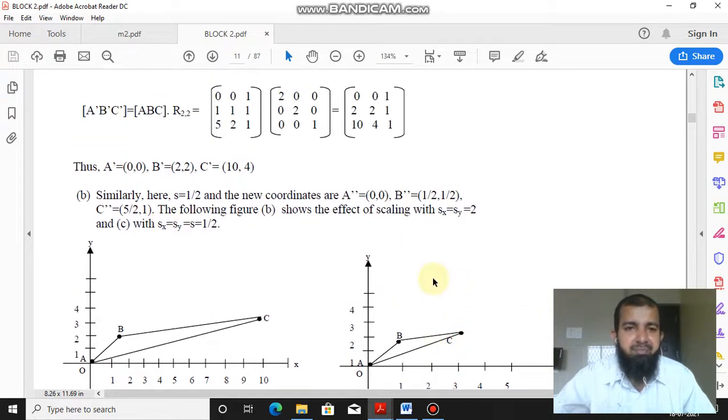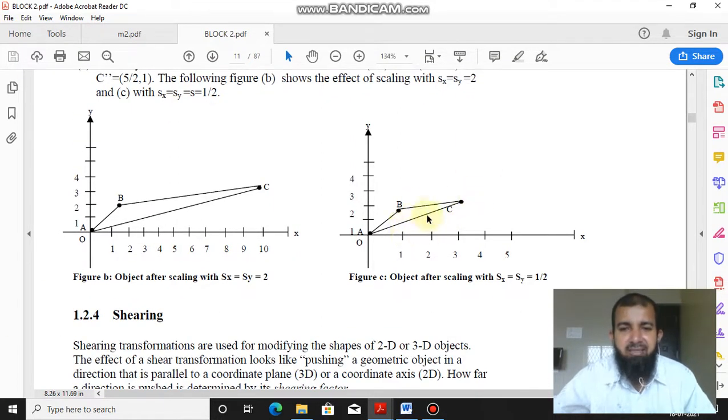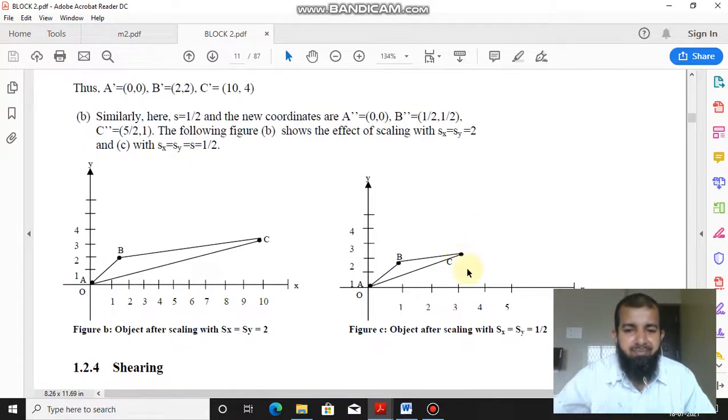If instead of 2 you use half or 0.5, you get 0.5 here, 5 becomes 2.5, 2 becomes 1, 1 becomes 0.5, like this. So finally you get this half. It reduces the size. This is the object after scaling with Sx, Sy equal to half. Clear? Okay. Thank you.